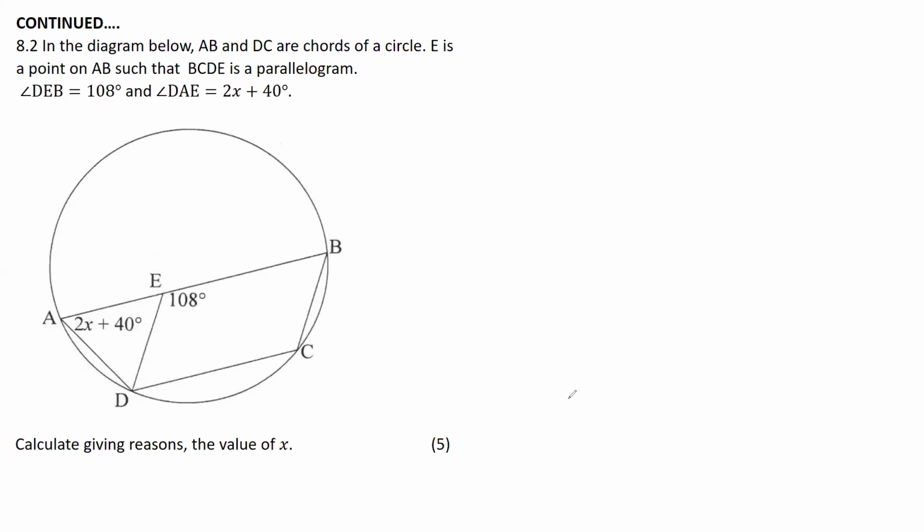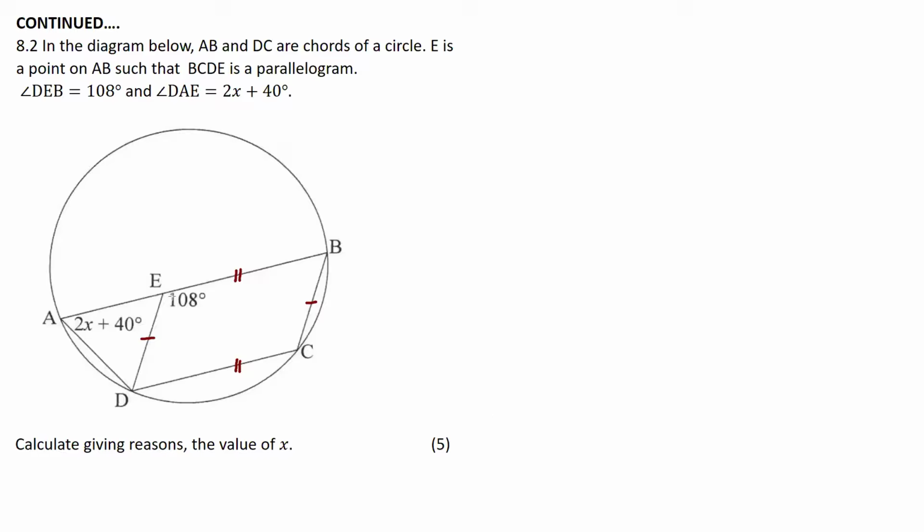What do I know about parallelograms? The opposite sides are equal and parallel. Secondly, what do I know about a parallelogram? The opposite angles are equal. So remember these properties, especially on a parallelogram. What do I know?